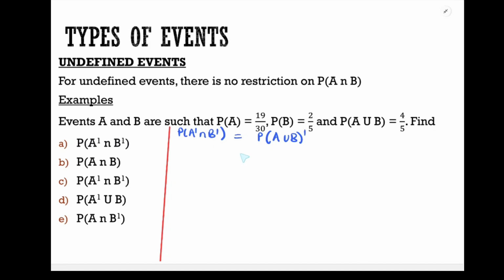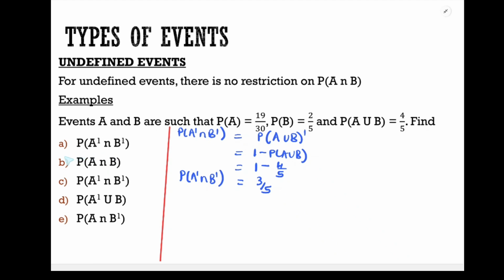And from complement of events, probability of A union B complement is the same as 1 minus probability of A union B, which is 1 minus 4 out of 5. Therefore we end up with 3 out of 5 as our probability of A complement intersection B complement.